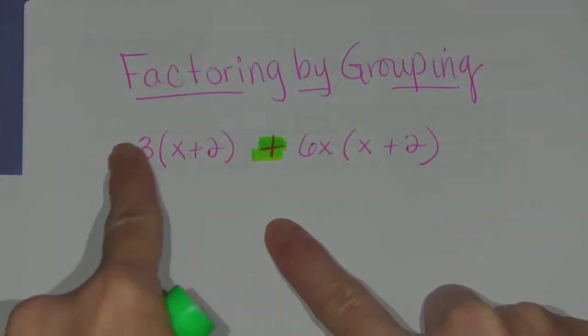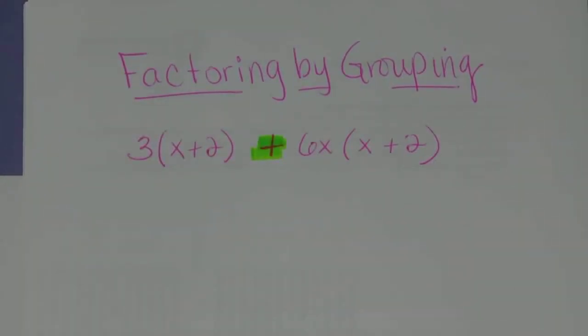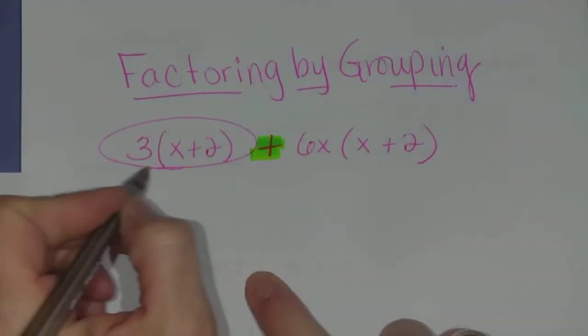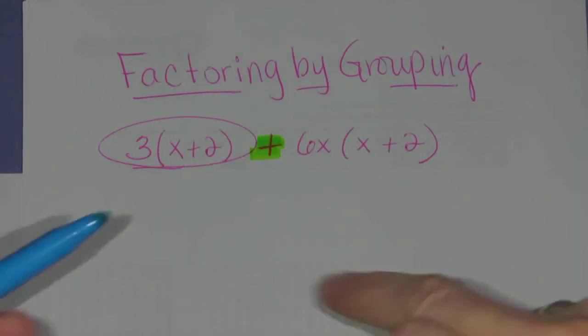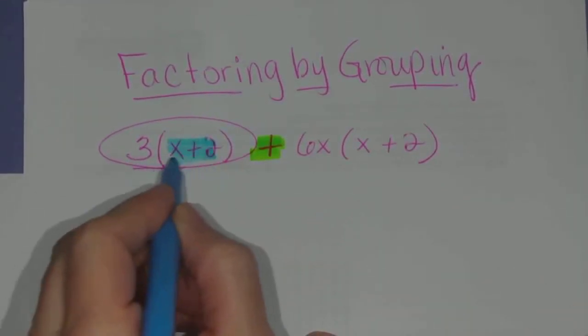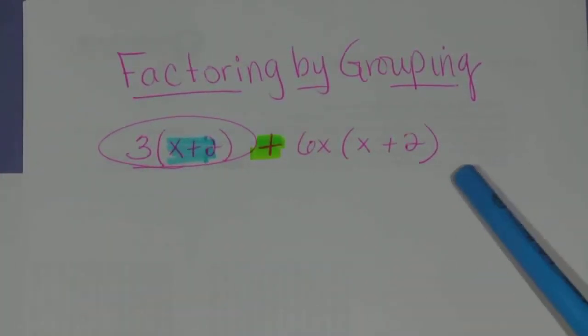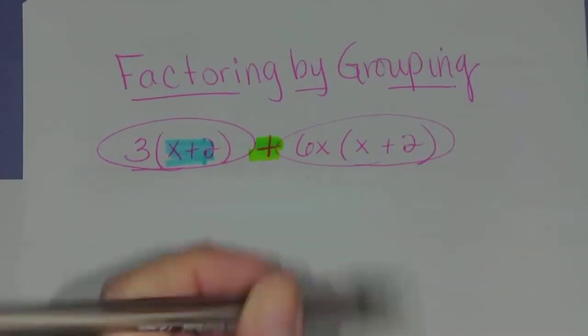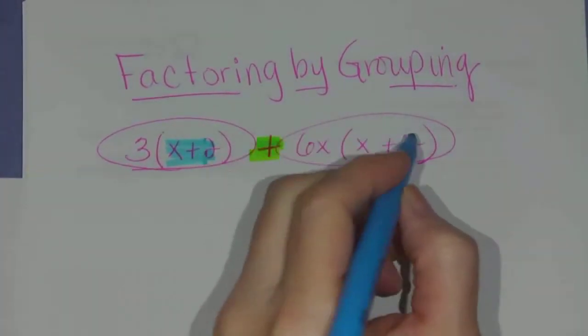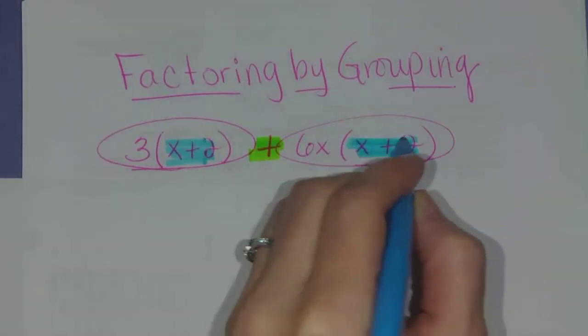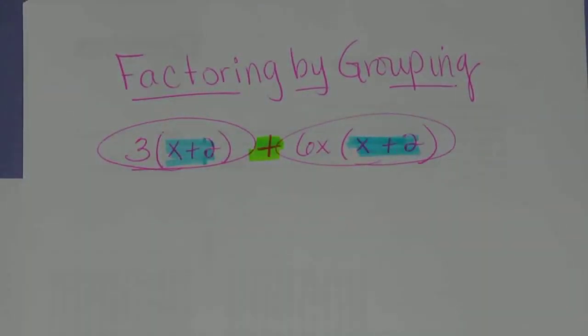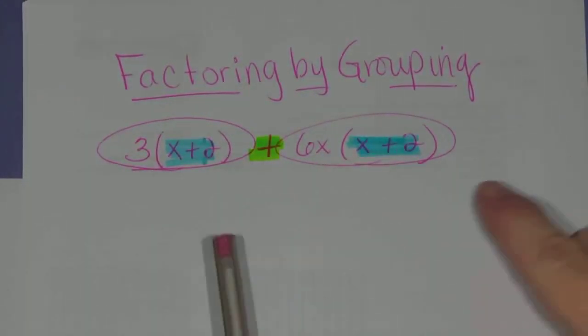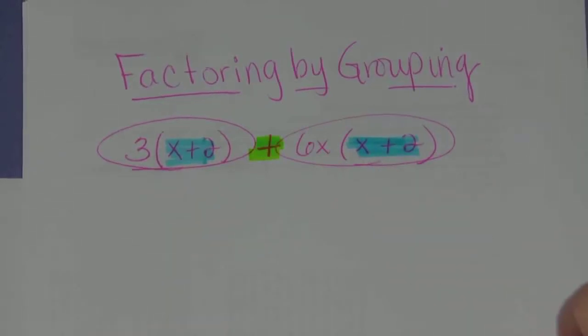So if you look on this side here, just looking on this side of the plus sign, we've got an x plus 2. And then if you look on this side, we also have an x plus 2. So we can essentially factor out that common x plus 2.